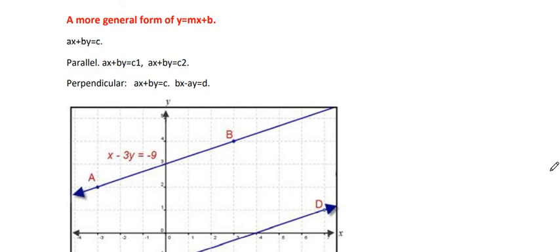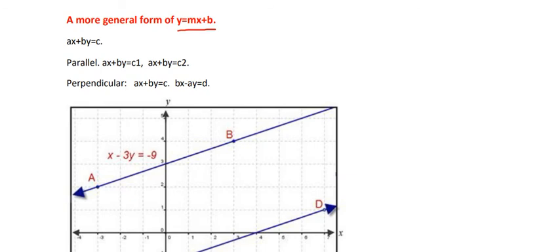So as a function, we let y equal mx plus b, so y is related to x. Sometimes we call x the independent variable, and y the dependent variable, because y depends on x. But sometimes we can consider the general situation.